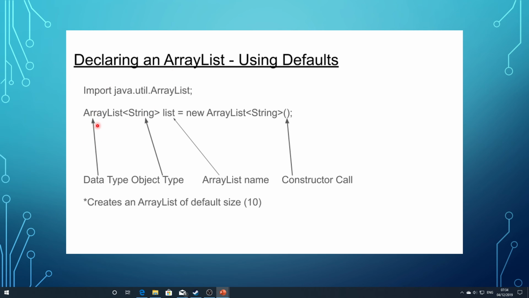So ArrayList is the data type. The String is the object type we are working with. The list is the array list name. New is declaring we're working with a new array list, and then the constructor call. And as I said, this declares a new array list at the beginning of the program, and this is usually how you write it out.